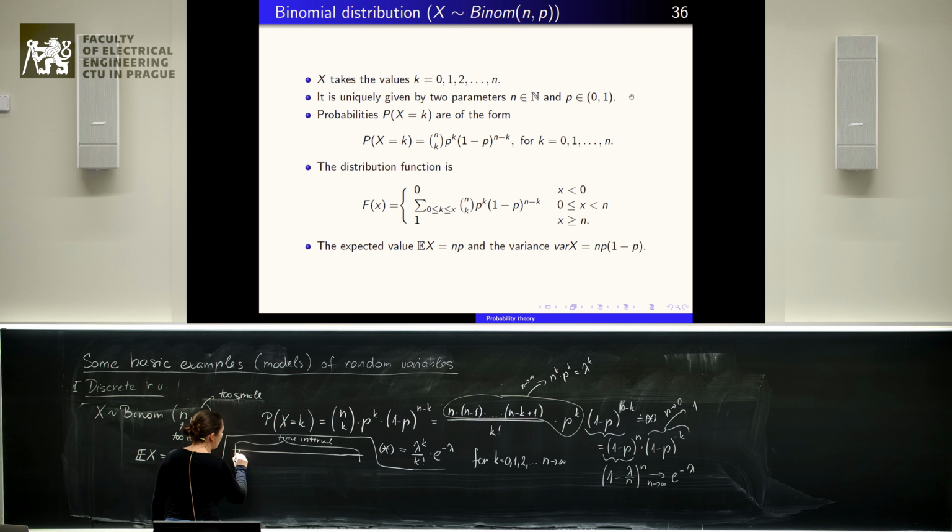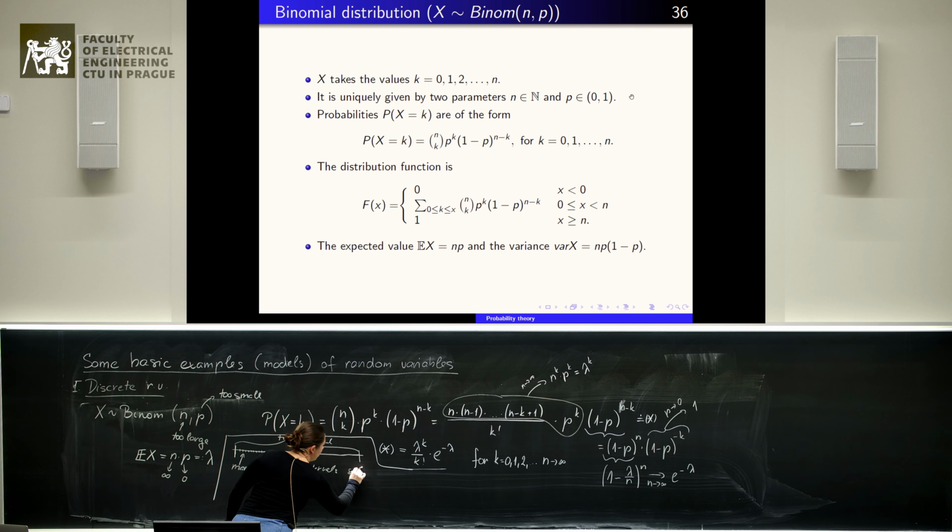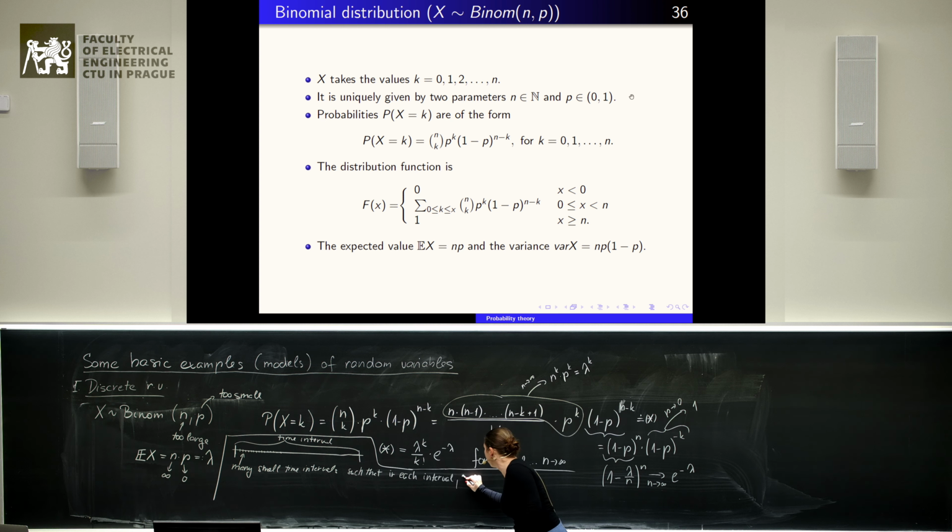And we divide this time interval to many, many small time intervals, such that in each interval there can occur at most one event.